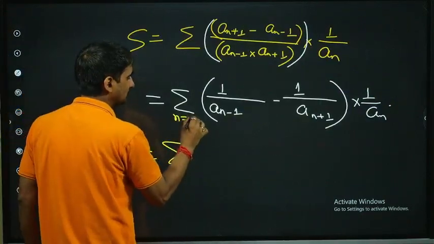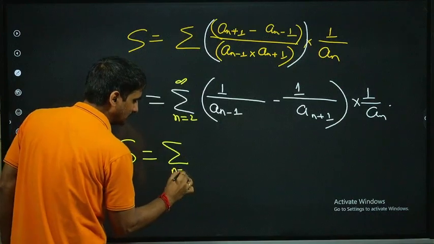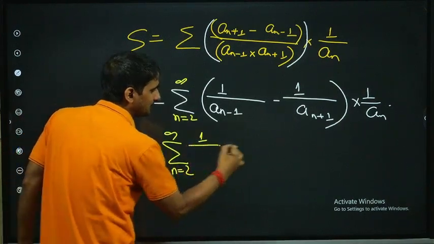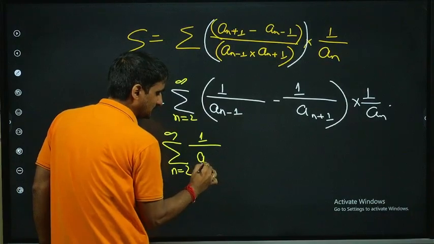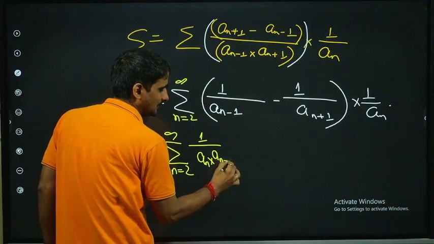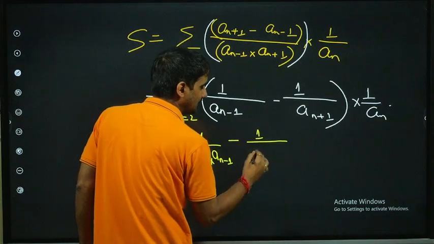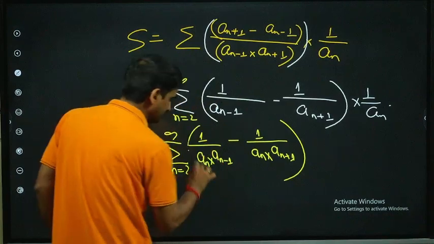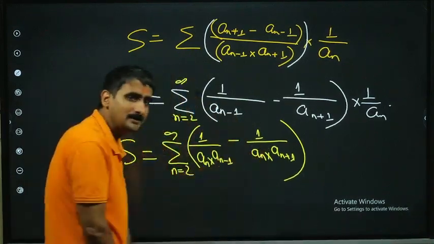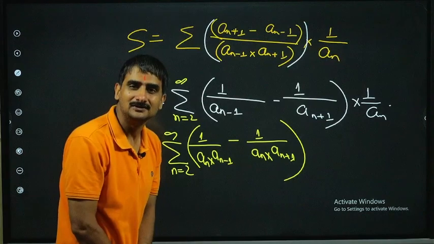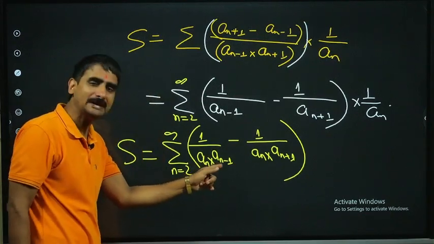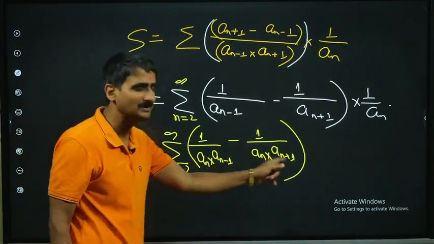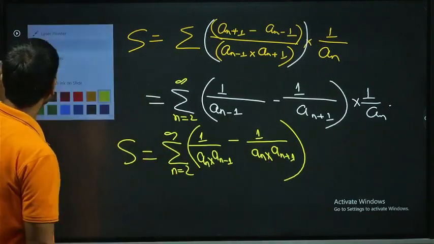Look how: I bring this inside, and now this is a(n) into a(n-1) minus a(n) into a(n+1). Aren't they consecutive terms? In this one, if I replace n by n+1, you get this term.